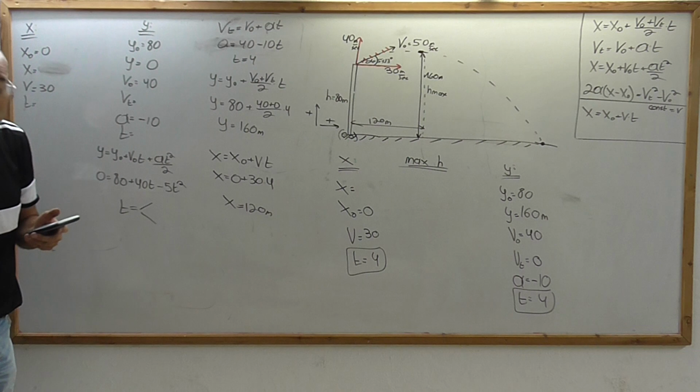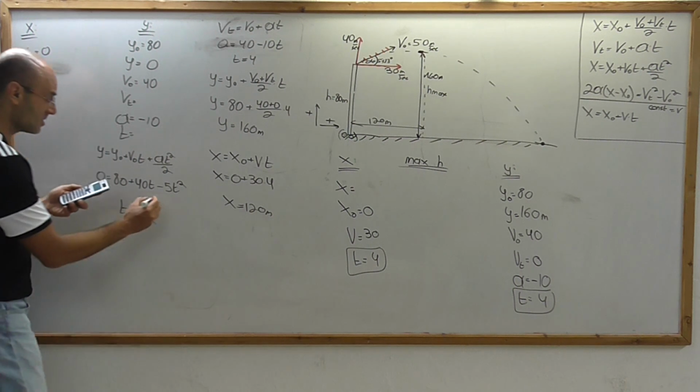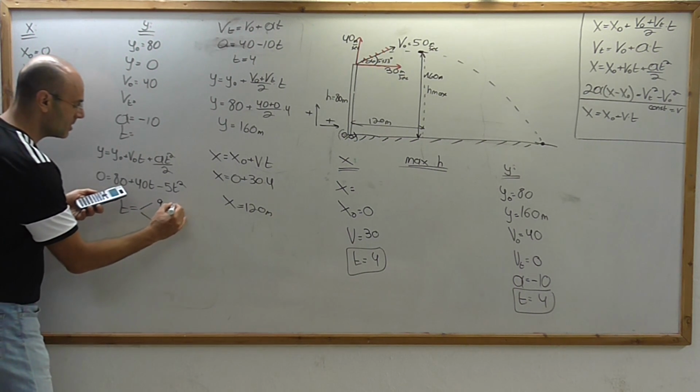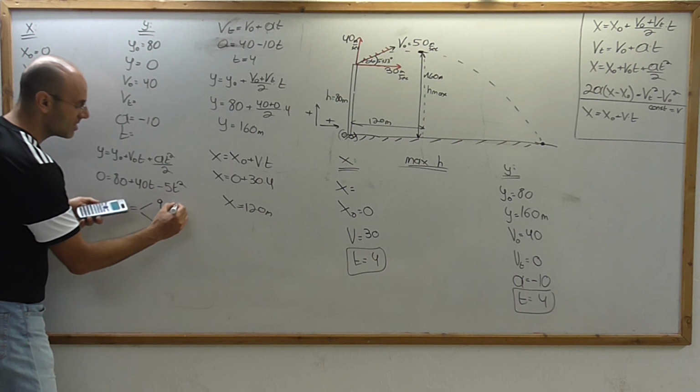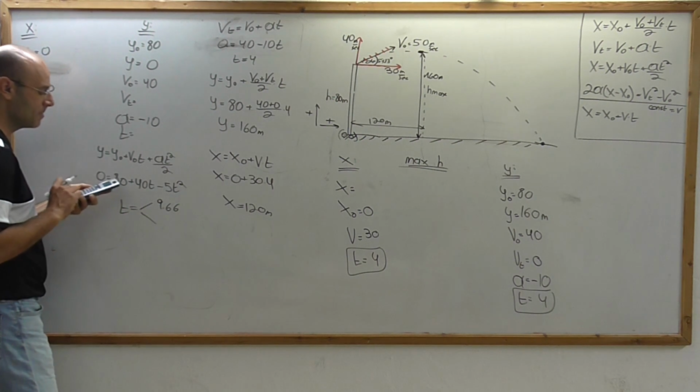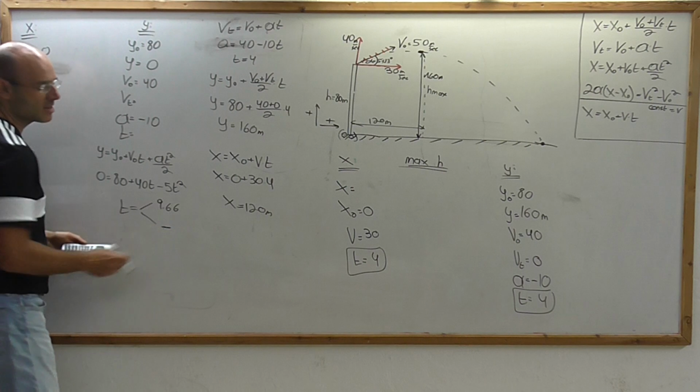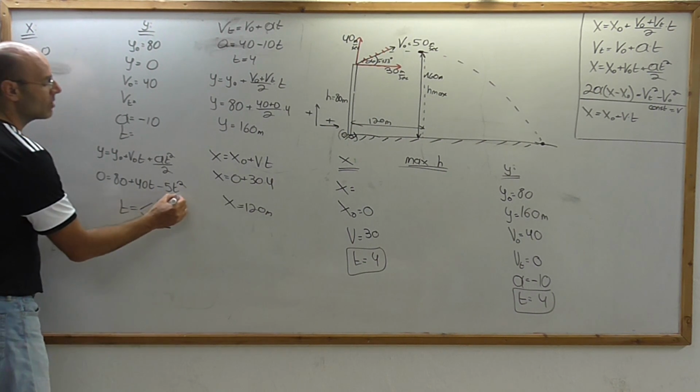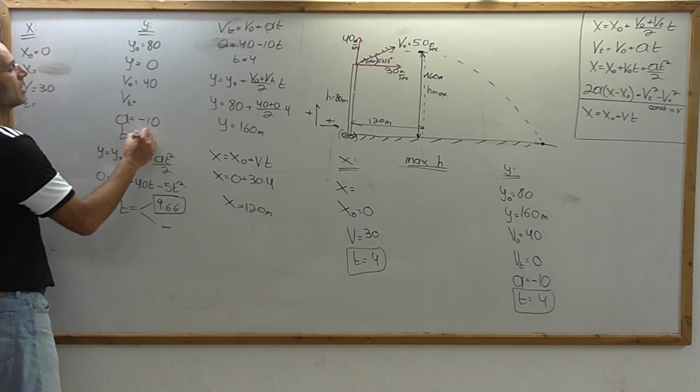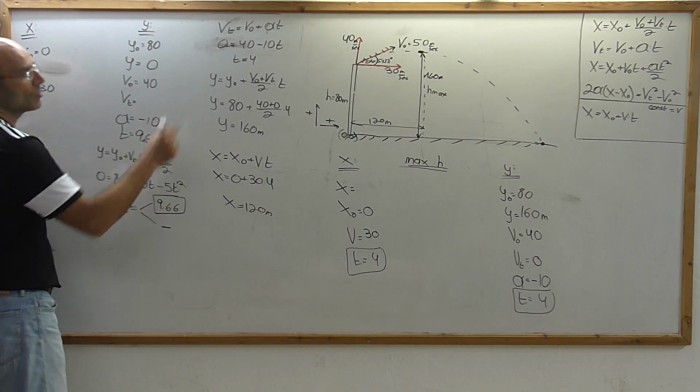Not lucky today, because the numbers are not so nice. 9.656, okay, doesn't matter. And this one is negative, it doesn't matter. Okay, now I know the time. It will take 9.66 seconds to reach the ground.